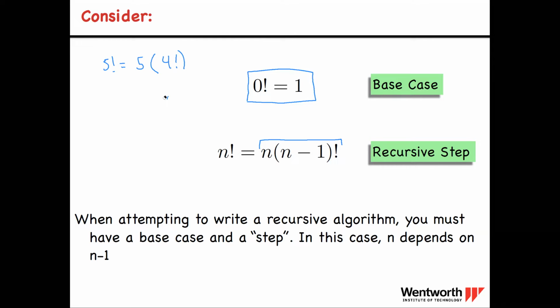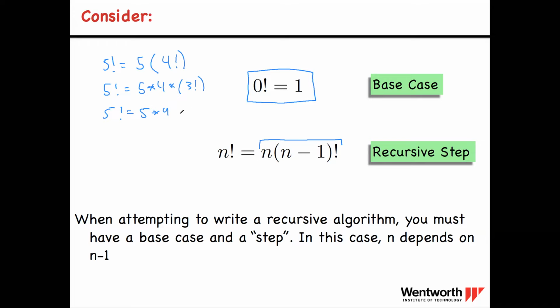And you could keep going with this. You could say we have another factorial here. So 5 factorial is equal to 5 times 4 times 3 factorial, and so on. And then you get all the way down to 0 factorial, which was just equal to 1.